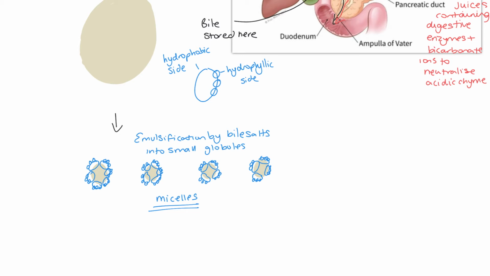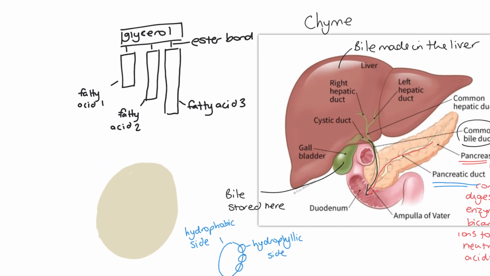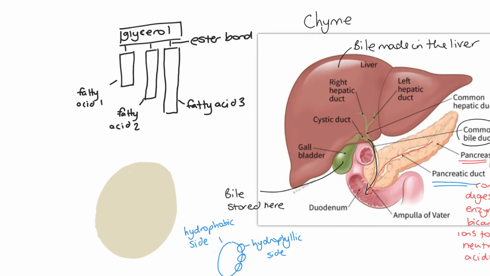Now, lipase is produced in the pancreas, and it is released via the pancreatic duct, and it breaks down fats into fatty acids and monoglycerides, and it does this by breaking the ester bond. So let's just have a look up here. So it breaks it down into fatty acids and monoglycerides.